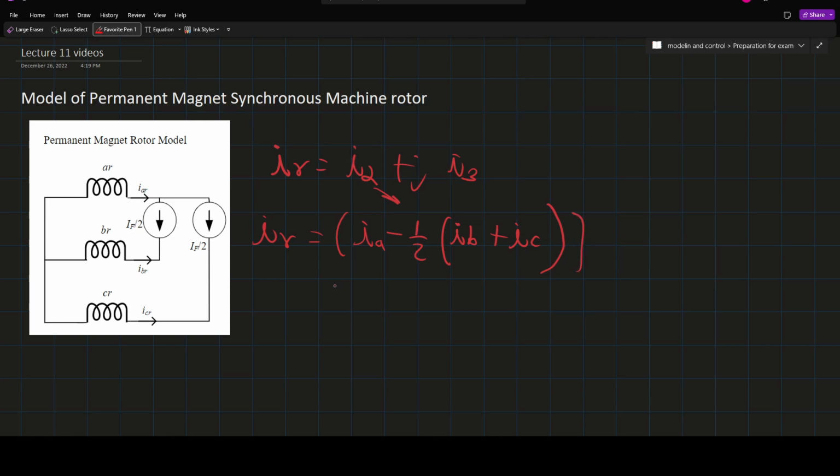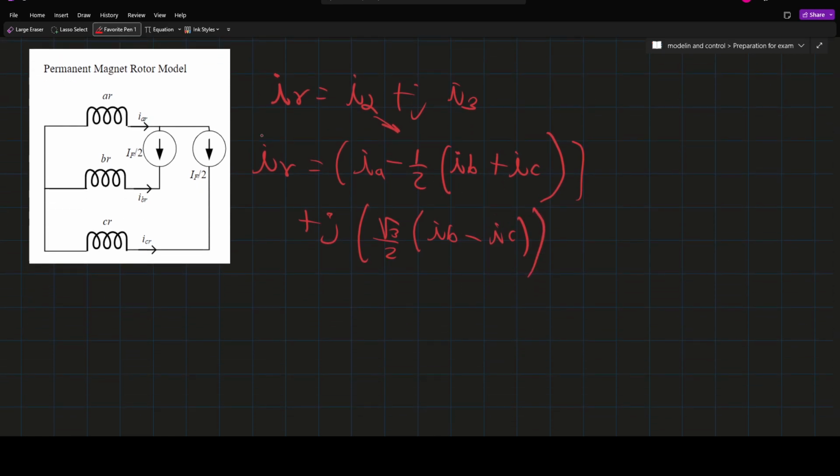And for I beta we will have square root 3 over 2 times (IB minus IC). So this is what we know. So we are going to try to fit our permanent magnet into this.